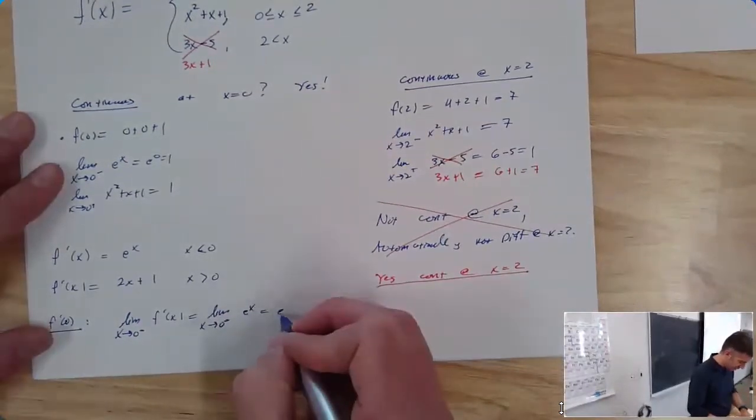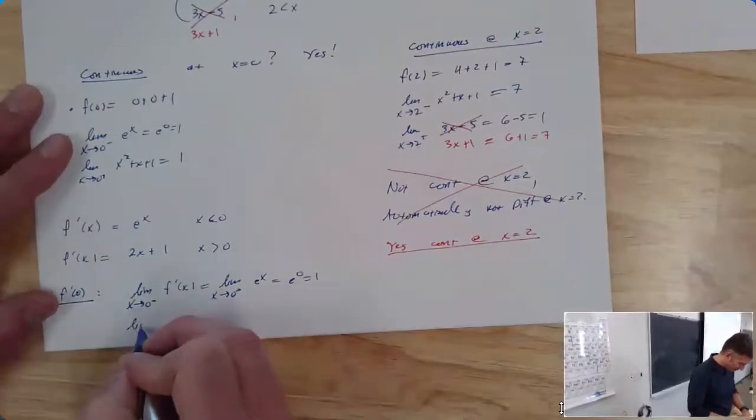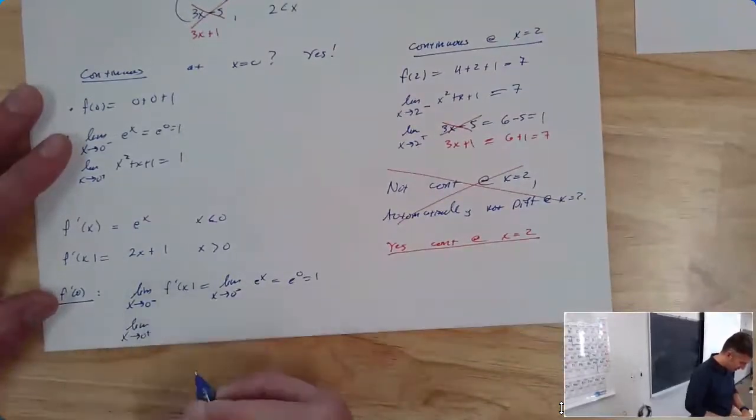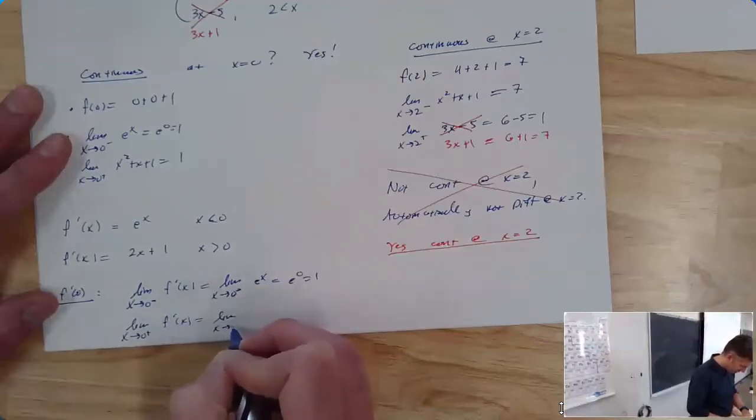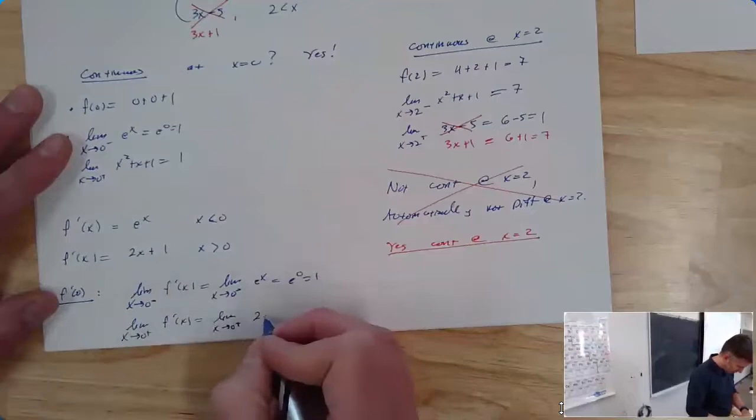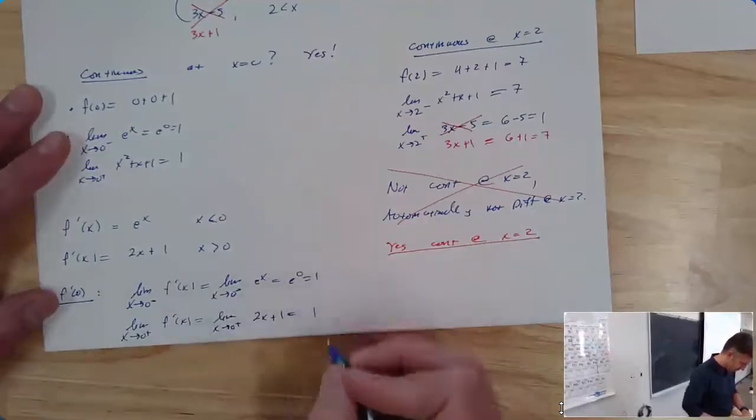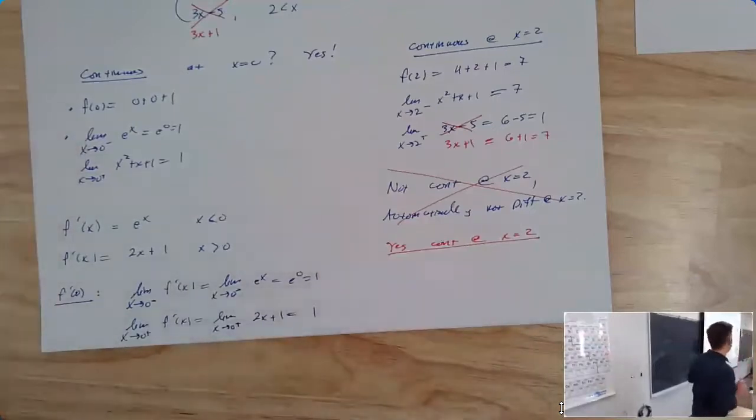Plug in 0, you get e to the 0, which is 1. The limit as x approaches 0 from the right of the derivative is the limit as x approaches 0 from the right of 2x plus 1, which is 0 plus 1. So basically, the way you show that a piecewise function is differentiable is you take the derivative from either side and make sure that their limits are both approaching the same value.